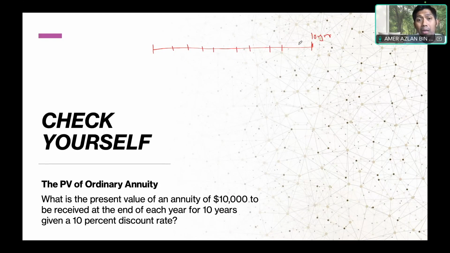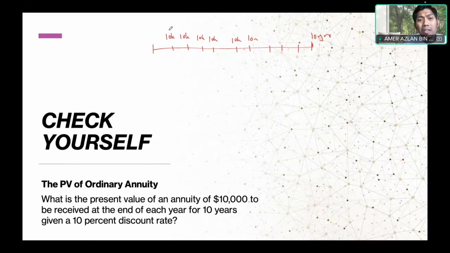at the end of every year, you are going to receive 10,000. You're going to receive 10,000 at the end of every year for 10 years. Okay. The question is, what is the present value of this 10,000 annuity?